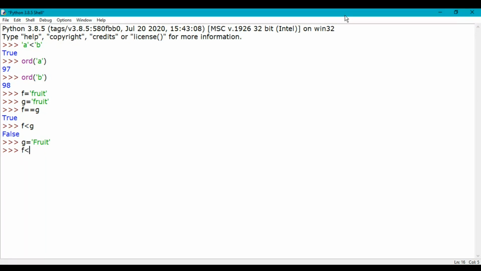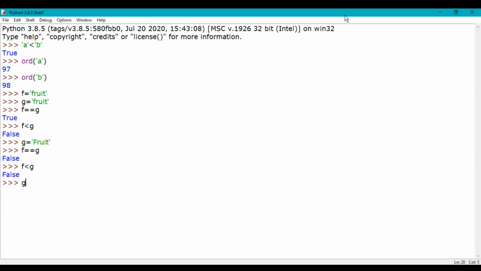So let us see what it is. We'll check if f is equal to g. It's not. Okay, f is less than g. It's false. So that means f is greater than g. Why? Because immediately it looks at the first character and sees that this is lowercase and in g it was uppercase, and a lowercase character is always going to have a higher ASCII code. So that's why f will be greater than g.